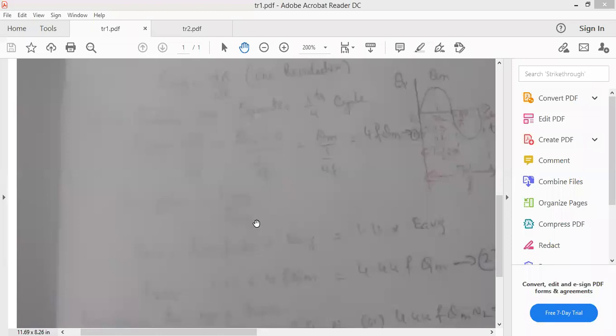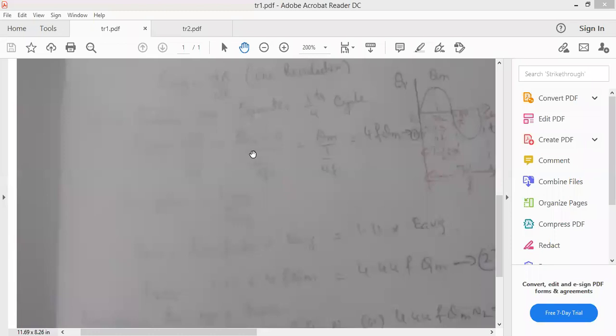Yes, this is what you have to make a note. We have studied form factor and peak factor, certain values. Anyone tell me what is the value of form factor? 1.11. Very good. If the form factor value is 1.11, then we say we have equal area of the positive half cycle and equal area of the negative half cycle.